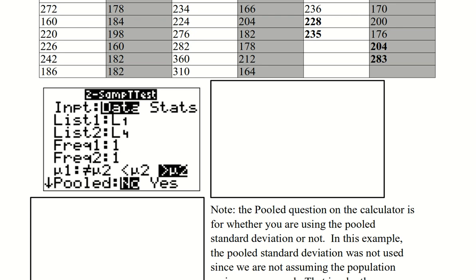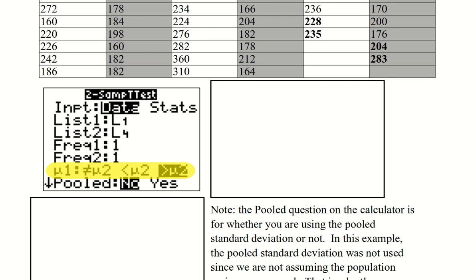These are 2 independent populations. The frequencies are 1, and we are testing the claim that the first mean, that is mu sub 1, is greater than mu sub 2. That is, that the cholesterol level of heart attack patients is higher than the cholesterol level of healthy individuals.